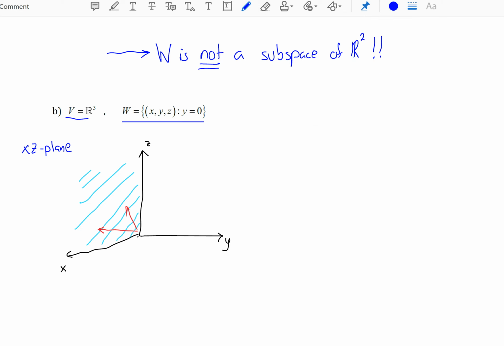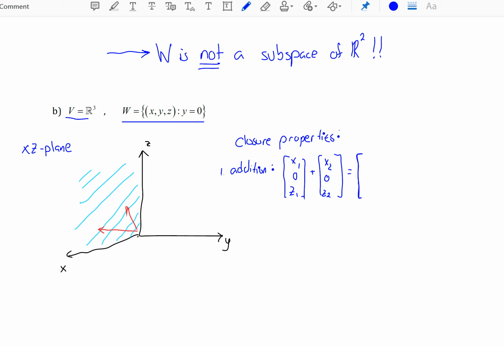So let's check our closure requirements. Let's first look at addition. If we were to add two elements of W together, maybe one element of W might look like X1, 0, Z1. A second element of W might look like X2, 0, Z2. Notice I'm maintaining that Y has to be 0.